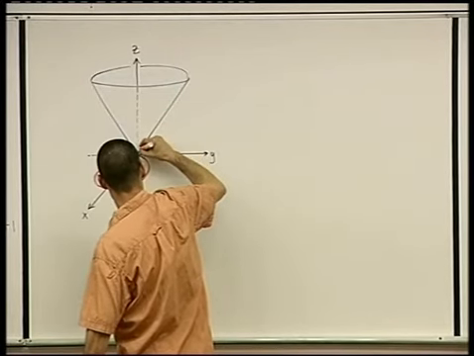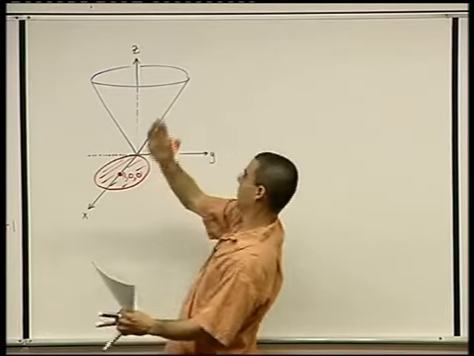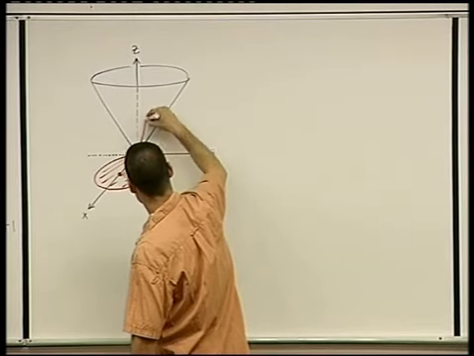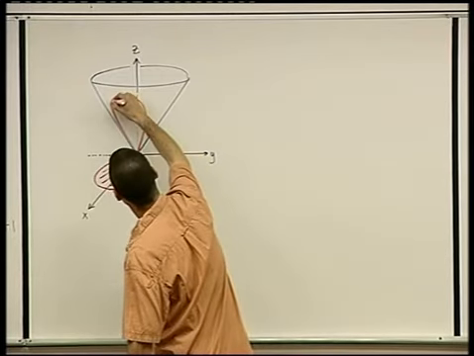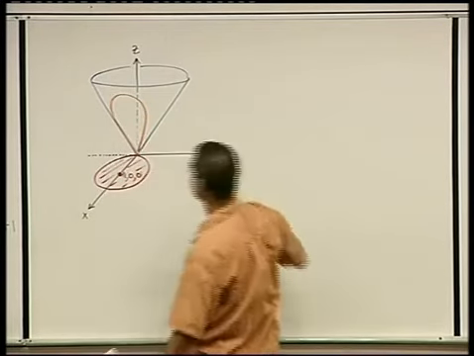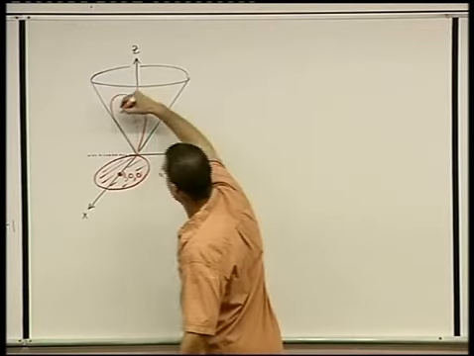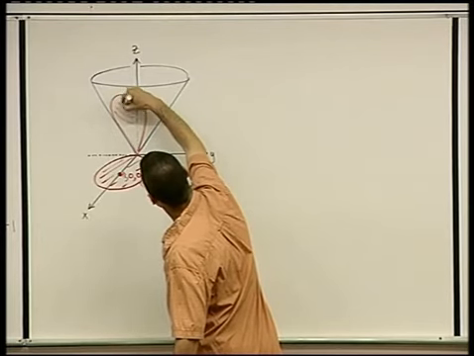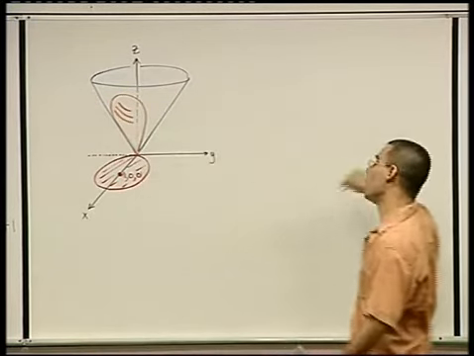So what I would see is something that would start at the origin. Remember, this comes out at us like this, so it would be something that looks something like this. I don't know if this is convincing. Okay, and this is part of the cone. It's part of this cone here.